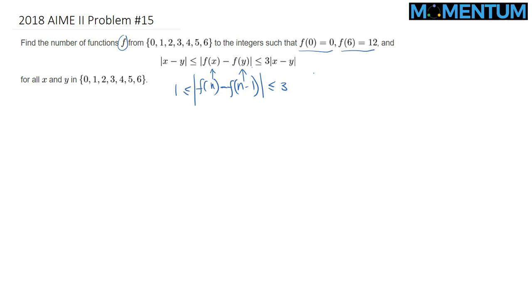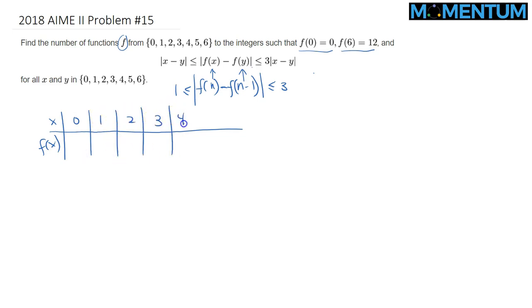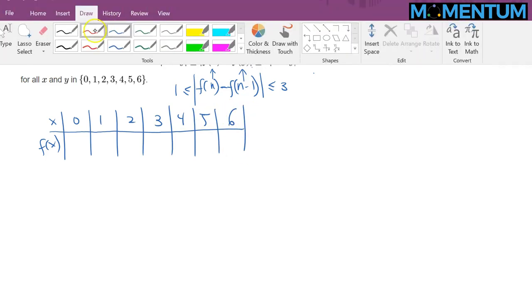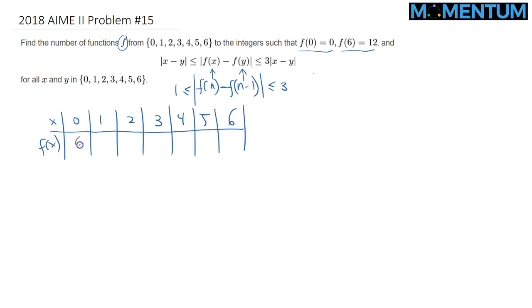Just to give you an idea, I can think of it like the following. I can put the x values here and f of x here. So 0, 1, 2, 3, 4, 5, sorry for that, and 6. We know that f of 0 is 0, f of 6 is 12, and now the nice part.